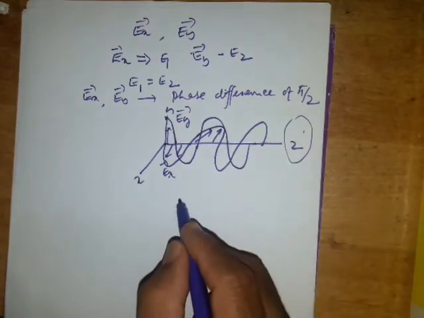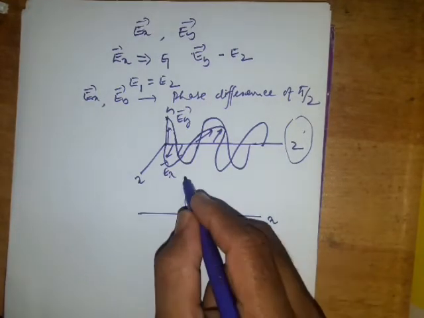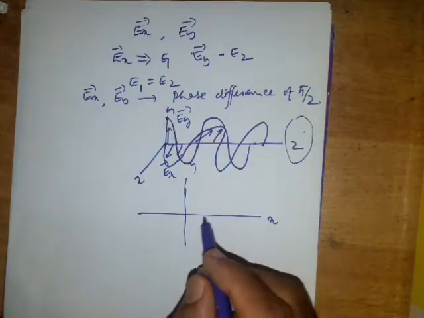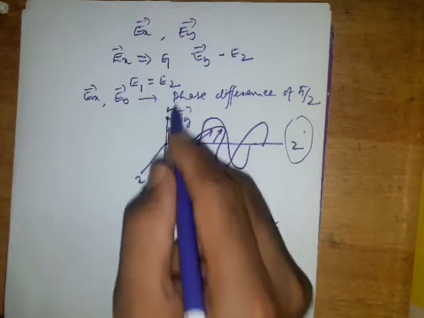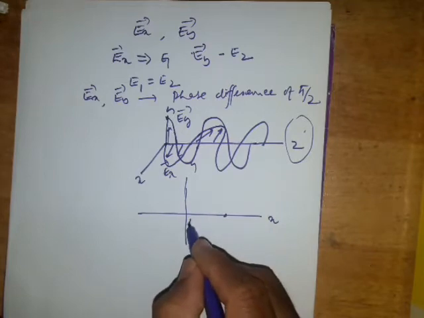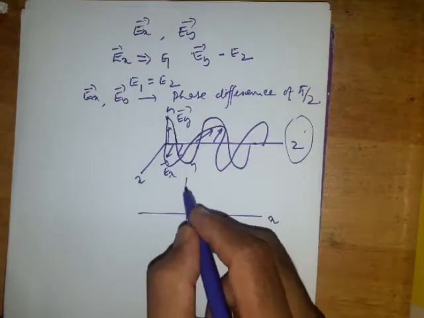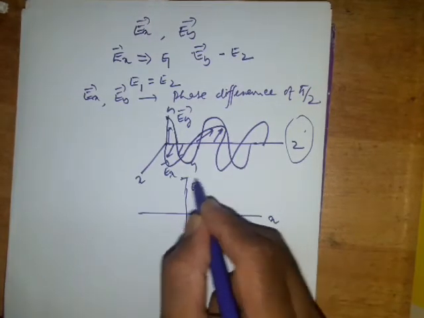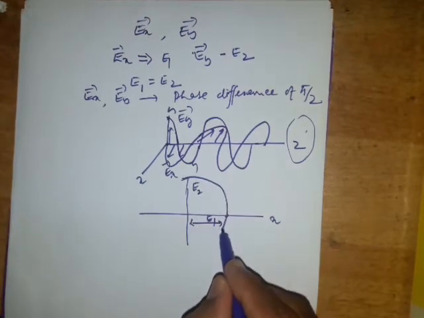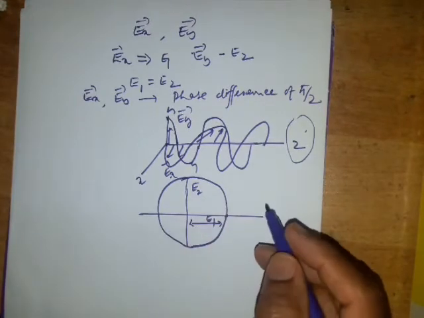And I can show you the diagram. If this is the x-axis and this is the y-axis, and the magnitudes of both the components are equal, this is the magnitude E1 along Ex, this magnitude is E2, and these are equal. So that's why this is a circle.